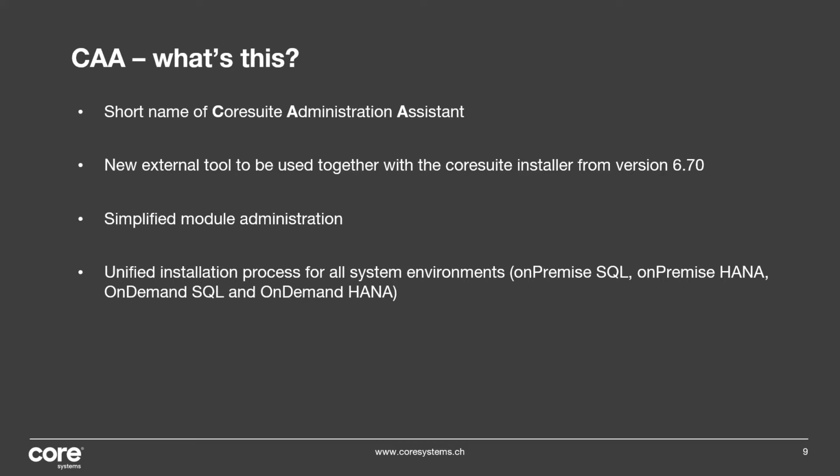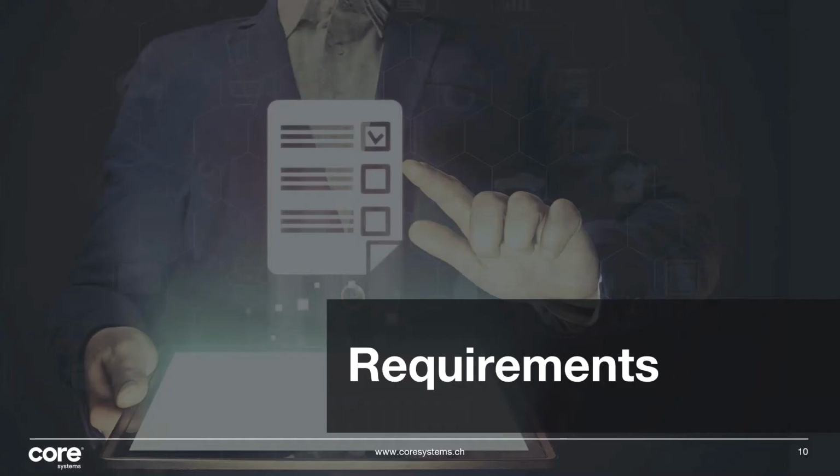It means no matter if you have a project or an upgrade, on-premise SQL, HANA, or a cloud environment, the process is now the same for all system environments. And the best thing, it is free, so you don't have to pay anything for the Coresuite Administration Assistant. You can just download it from the help desk and use it right away, as long as you have fulfilled the requirements.